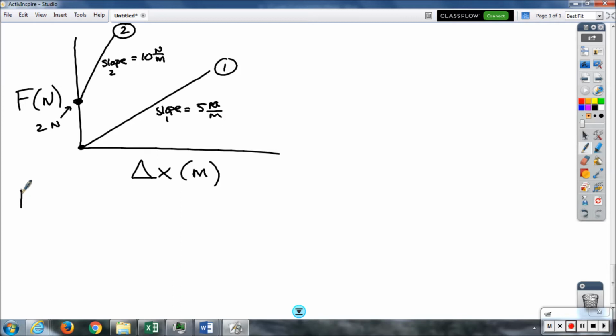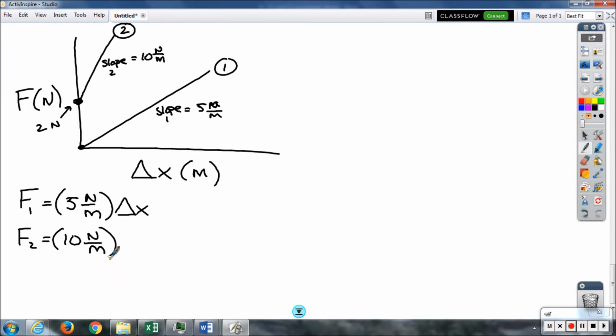So for spring 1, F1 equals the slope, which is 5 newtons per meter, times delta x, and the intercept is 0, so I don't have to include that. For spring 2, it would be F2 equals the slope is 10 newtons per meter times delta x, and this one does have an intercept which is 2 newtons.